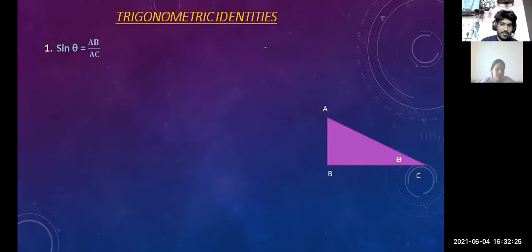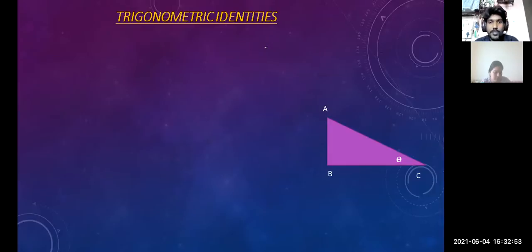1 plus cot square theta equals cosec square theta. And I had told you a way to find that. 1 upon cosec is equal to sin. So you divide it by sine square theta, and that way you will get the second one.